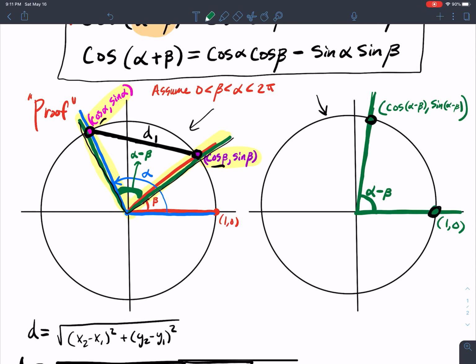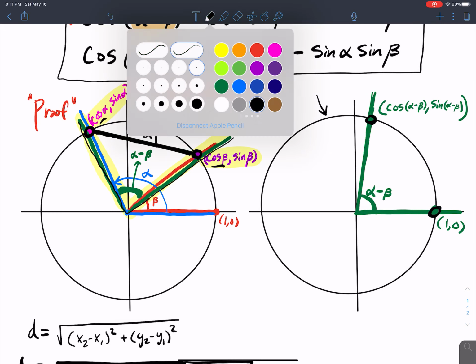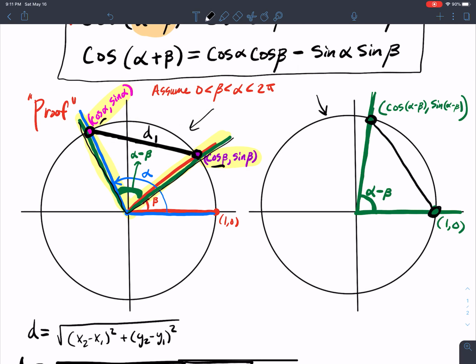Once again, I'm going to get the distance between those two points. We'll call that distance D2.